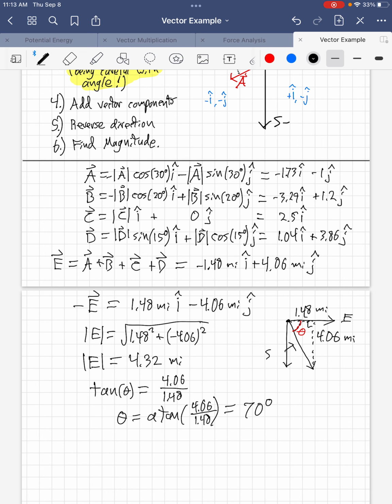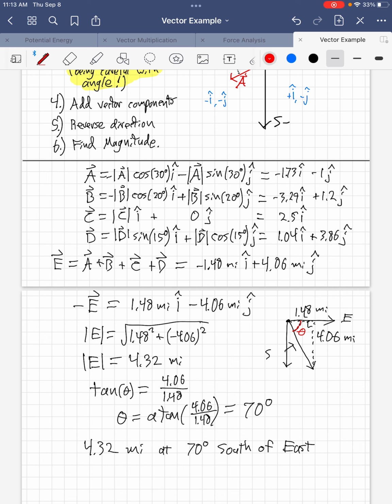So we can write down our final answer: to get back to our spot, we need to walk 4.32 miles at 70 degrees south of east.